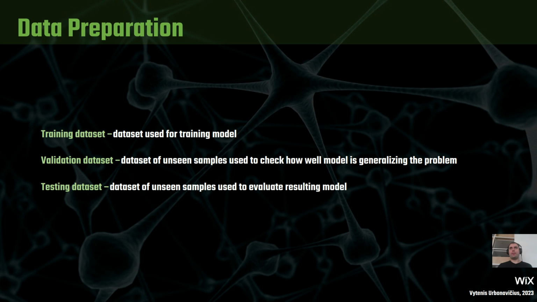Then we would need another data set which would be much smaller, maybe 20% of the size, which would consist of data samples that our neural network has never seen before. We would use this validation data set to check whether our neural network is capable of performing on unseen or new data, and whether it actually manages to generalize the problem and understand how things work, as opposed to memorizing inputs and outputs, which is something we don't want to achieve.